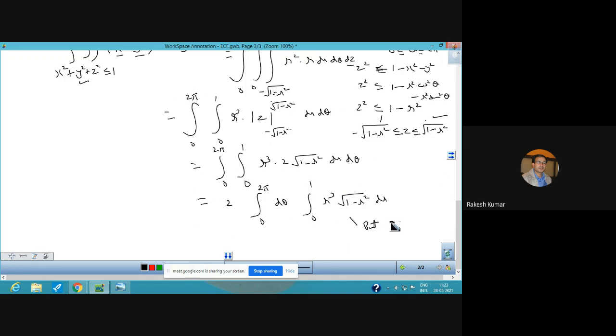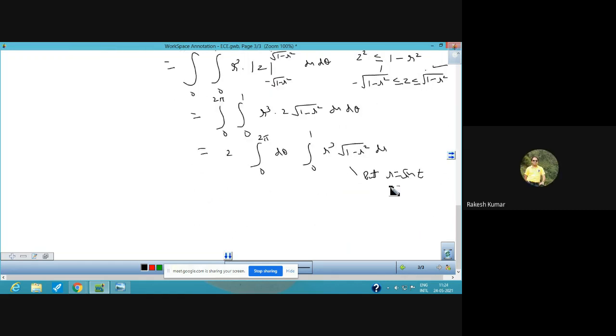So put r equal to sine of another angle, that is t, and your dr will come out to be cos t dt, and use the formula here, and here you can integrate with respect to theta, that is 0 to 2 pi.